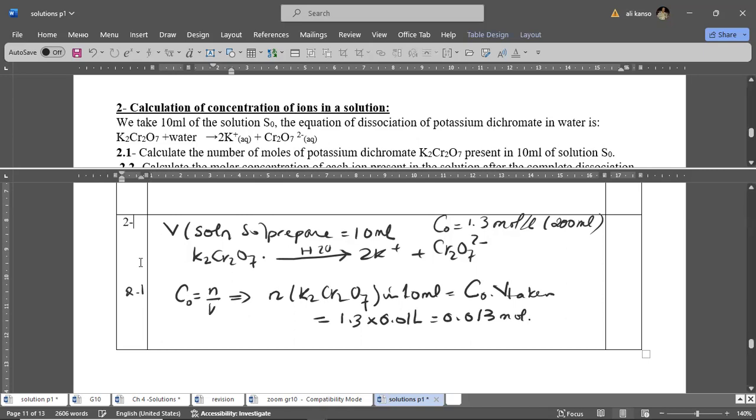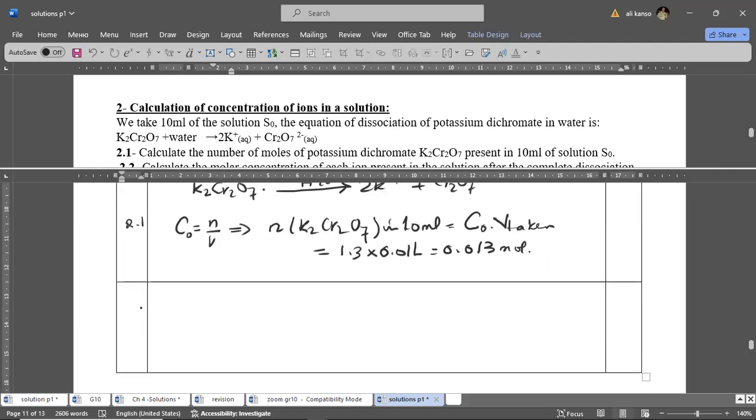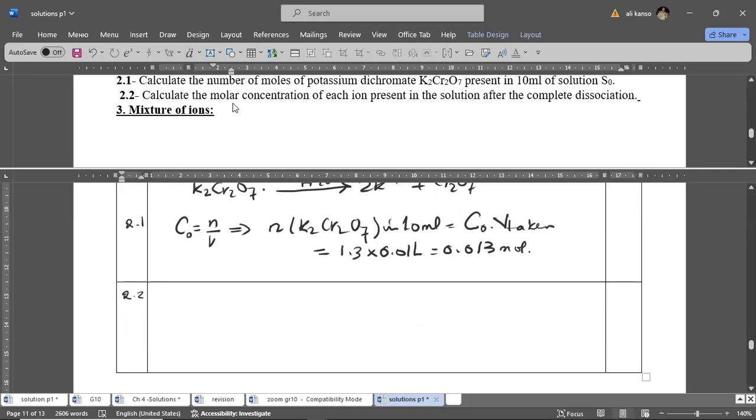2.1. 2.2. The question is to calculate the molar concentration of ions present in the solution after the dissociation.